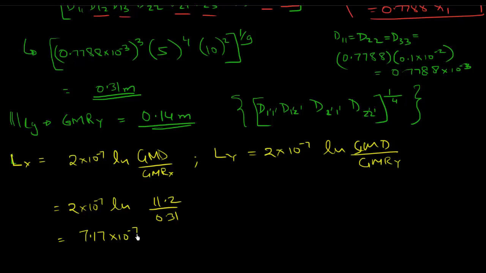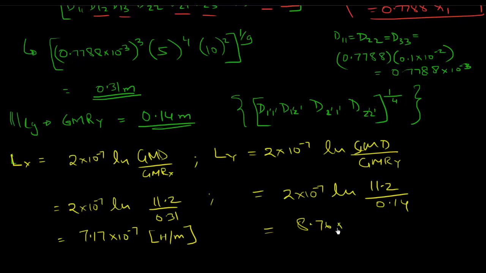and that should give you an end result of 7.17 into 10 to the power minus 7 henries per meter. And similarly, your Ly is 2 into 10 to the power minus 7 ln of GMD, which is the same, 11.2, over your GMR, which is 0.14, and that should give you a value of 8.76 into 10 to the power minus 7 henry per meter.